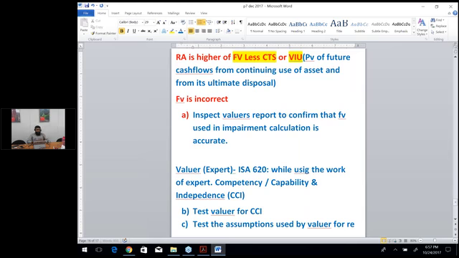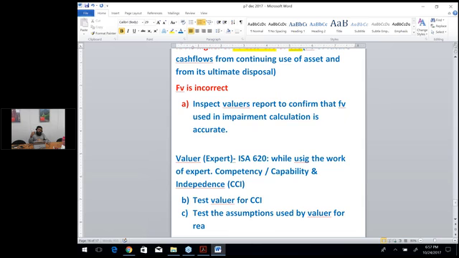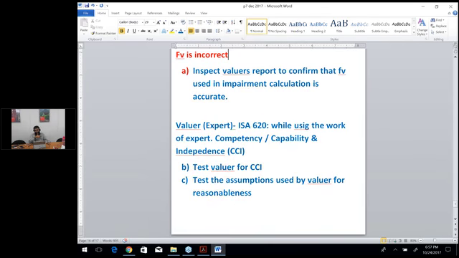So you've got various procedures, and with the various procedures we are actually trying to ensure that the risk does not exist. The audit procedure is derived from the risk, and for the risk you need to think what could go wrong, and then the audit procedure comes in.